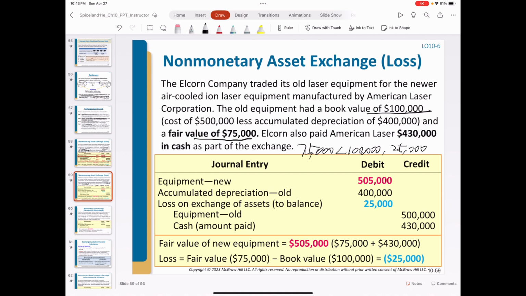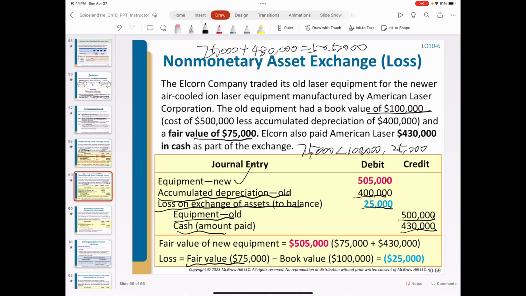The fair value of the new asset will be $75,000, the fair value of the old, plus the cash payment, so it's $505,000. So we debit new assets and remove the old asset by debiting accumulated depreciation $400,000 and crediting equipment-old $500,000. And then we credit cash for the payment and debit loss $25,000.